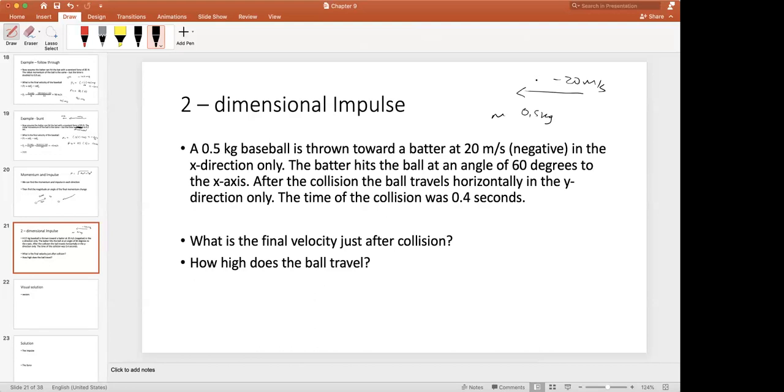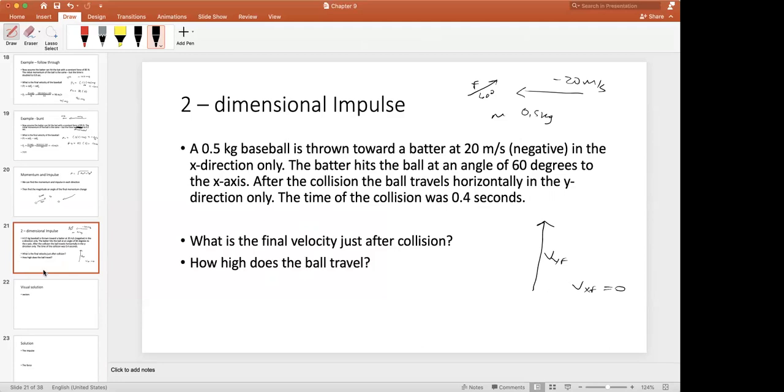He swings, and the force is at 60 degrees, and the ball goes straight up in the air. So after the bat hits it, it only has VY final. Vx final is 0 after the ball is hit. And so what we need to know is what is the final velocity after the collision and how high does it travel?